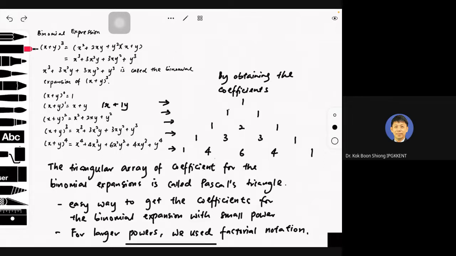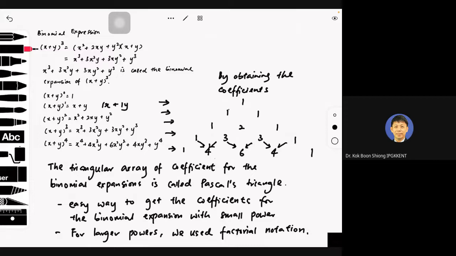As you can see, 1 plus 3 is actually 4, 3 plus 3 is actually 6, and 3 plus 1 is actually 4. So this is the pattern. This triangular array of coefficients for the binomial expansion is called Pascal's triangle.